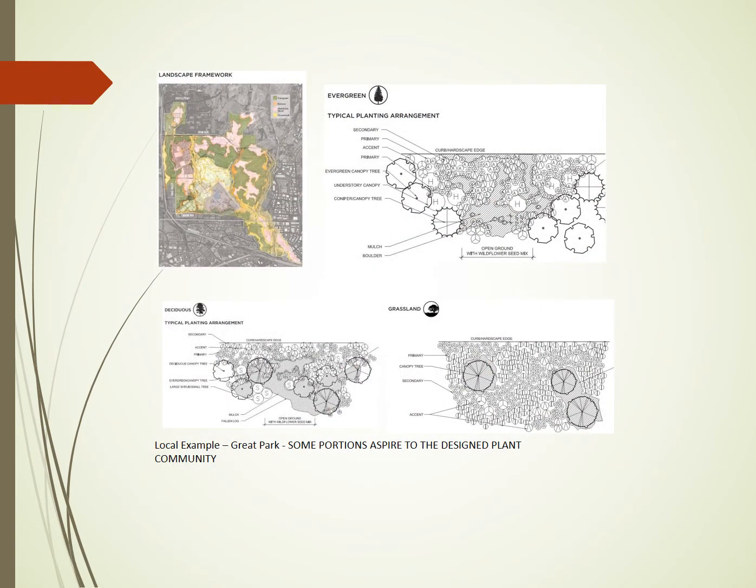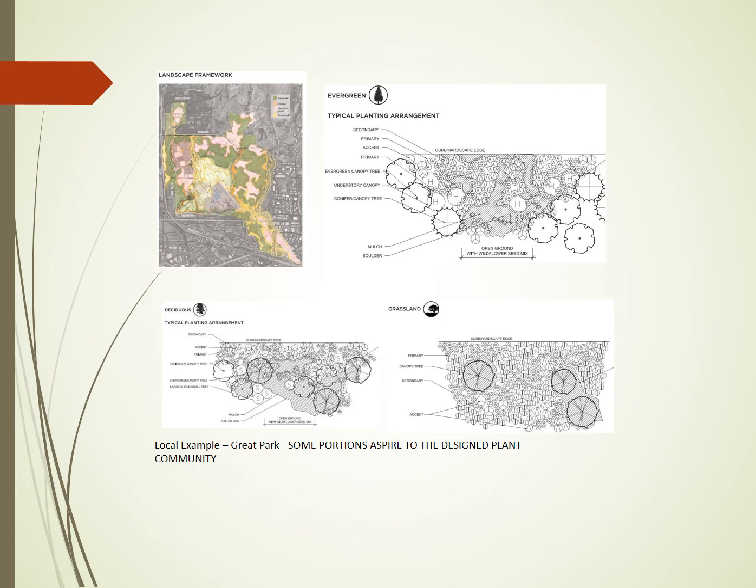That last composite diagram looks somewhat like the planting models of the Great Park neighborhoods, some portion of which approach the objective of a designed plant community. Within the overall neighborhoods, there are several goal landscape typologies: evergreen, deciduous, grassland, and ecotone, each with a pre-qualified plant list.